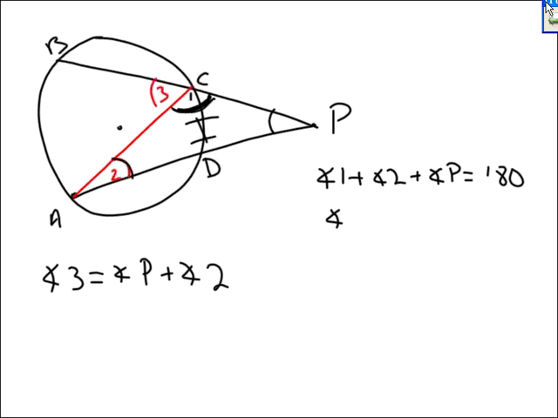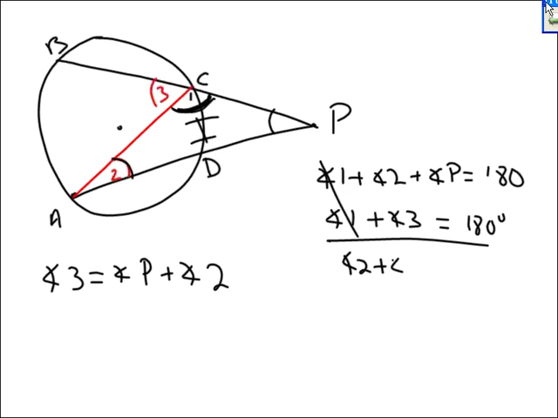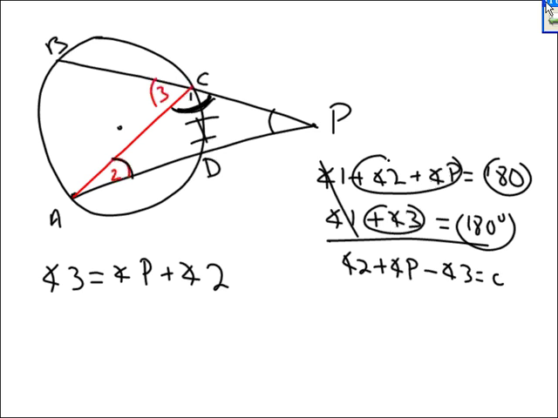And you know that angle 1 plus angle 3 is 180. And you subtract. The angle 1's cancel out. You have angle 2 plus angle P minus angle 3 is equal to 0. Well, this must equal that. That's why the difference is 0. Okay, that's exactly what I stated here. So, angle P is angle 3 minus angle 2.